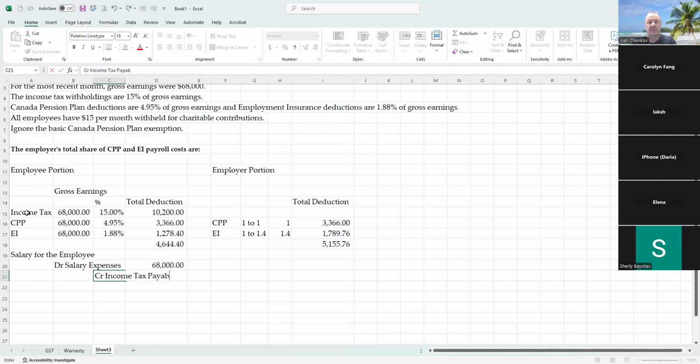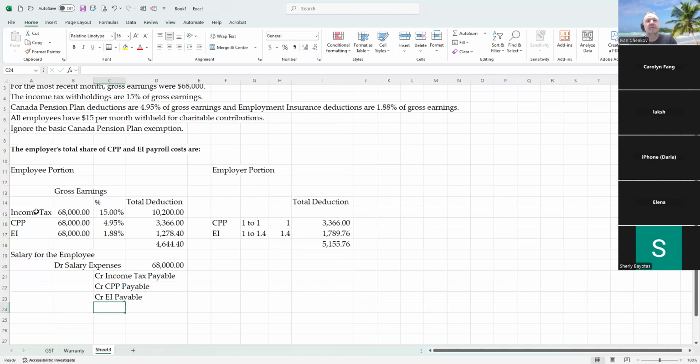Payable. Okay, we got the income tax payable. What's the next one on the line? Just follow the lines. Canada pension plan payable. I'm not paying it now. I'm going to pay it later. Next one: employment insurance payable.